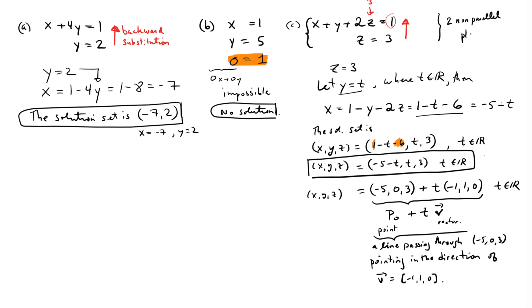So I've got two non-parallel planes, and when you've got two non-parallel planes, that means that these planes will intersect. My drawing's terrible. They will intersect these planes, like so. Okay, and they will intersect along, so of course I only drew part of those planes, right? And they will intersect along a line.